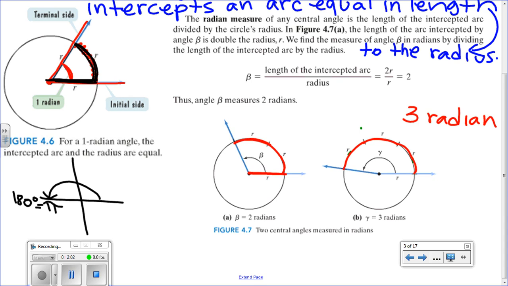And what does pi approximately equal? 3.14159 and so on, right? So if we have 3 radians, that little piece right here, from here to here, is that 0.14159 and so on.